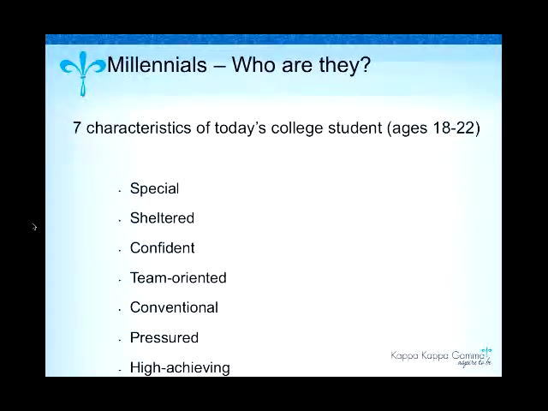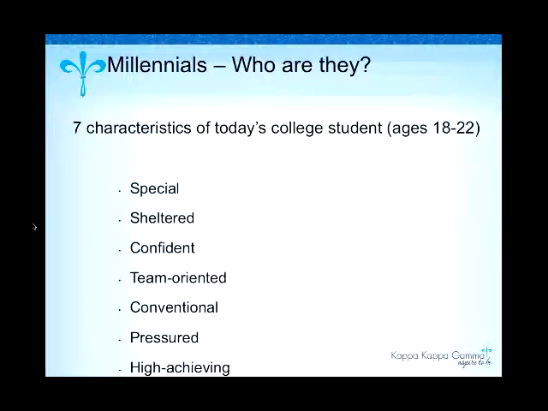So they were sheltered in terms of decision making and maybe activities that were going on around them, but also they were within their bubble of a family, whether they did school activities or the community or were on sports teams. They were kind of carried through within that bubble.